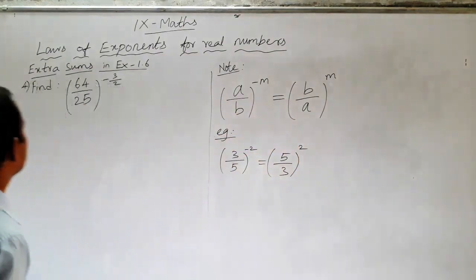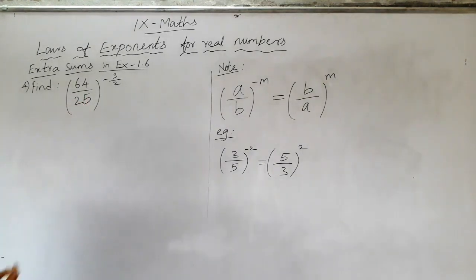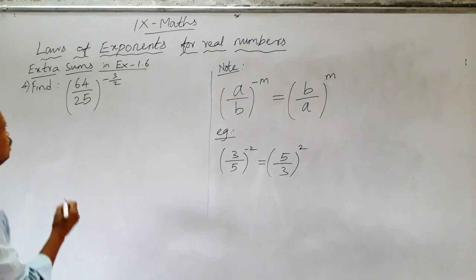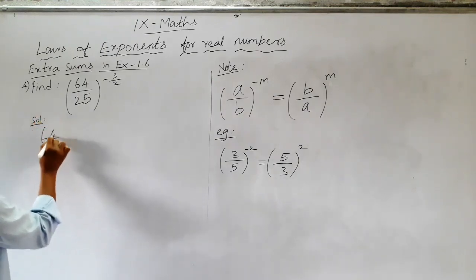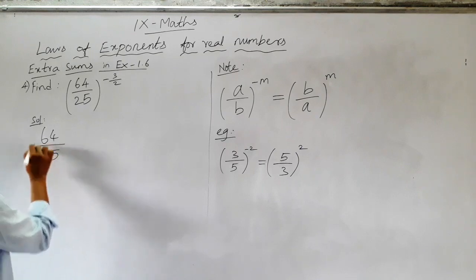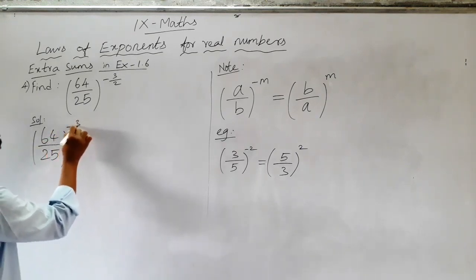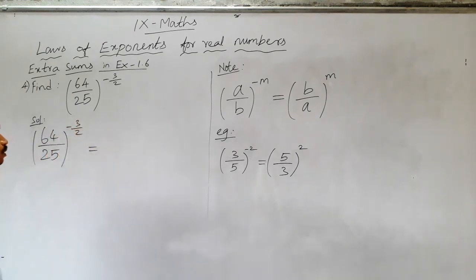Now coming to the problem: find 64 by 25 whole to the power minus 3 by 2. So how to do this? The solution: 64 by 25 whole to the power minus 3 by 2. The exponent is negative.